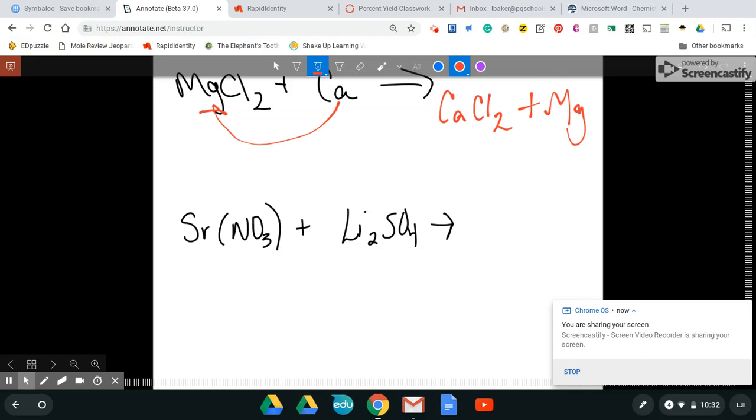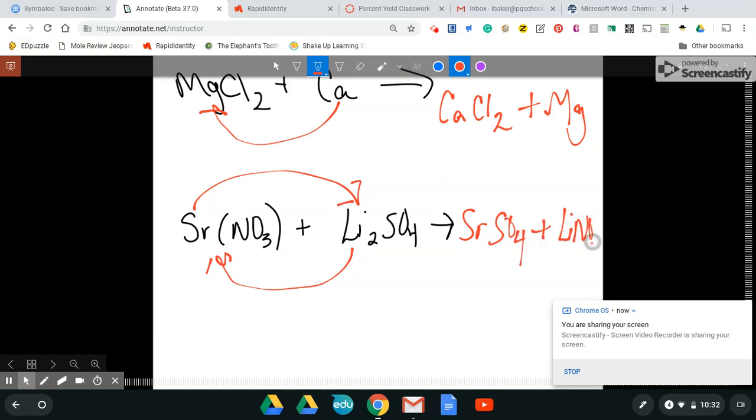All right, if it's a double replacement, this is going to go here, and this is going to go here. And then you've got to determine if the two things are soluble or not soluble. If they're both soluble, then the reaction's not going to take place. So I've got SrSO4 plus LiNO3.